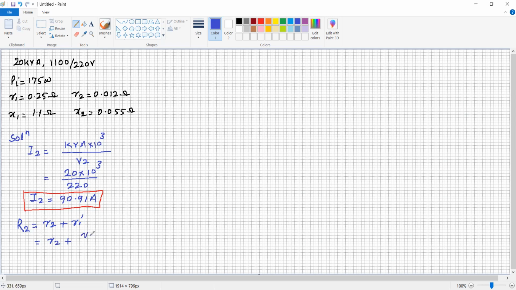So it is V2 divided by V1 bracket square into R1. So R2 is equal to 0.022 ohm.